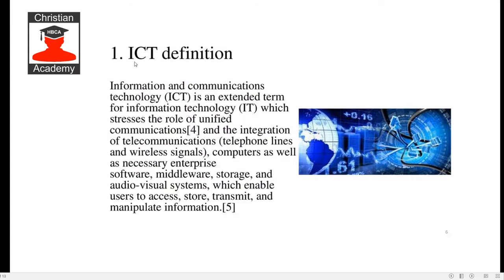I also got you this definition of ICT. Information and communications technology is an extended term for information technology, which stresses the role of unified communications.